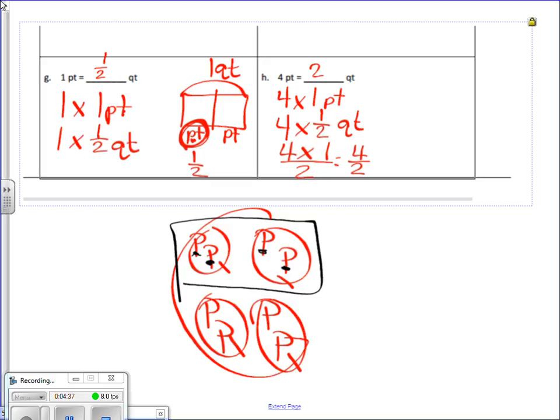I get 1 quart, 2 quarts, 2 quarts. I checked it with my conversion G, right there. Yes, sir. I can. Yep, you're right. But I still like to do the math if it's not too big.